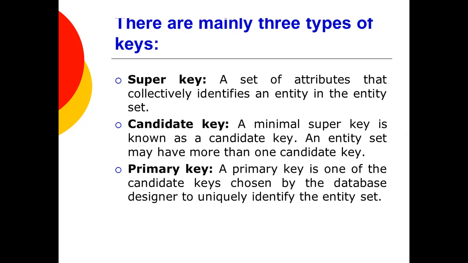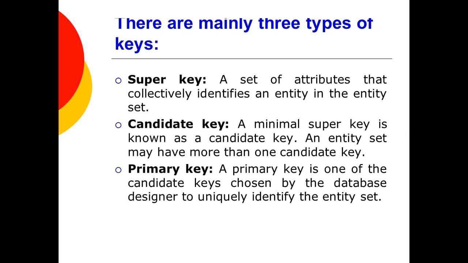There is a lot of involvement of items here, so we can call the university polytechnic a super key. So it is a collection of different attributes that collectively identifies an entity. First we form the entity set, and after that, whichever collectively identifies is called the super key.